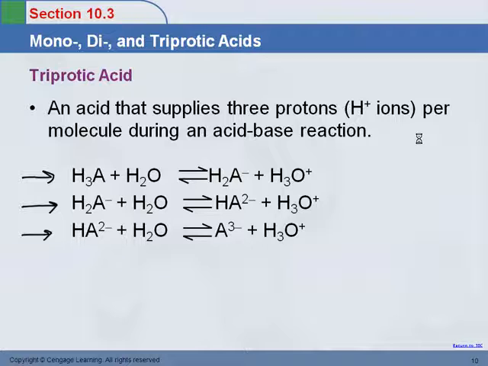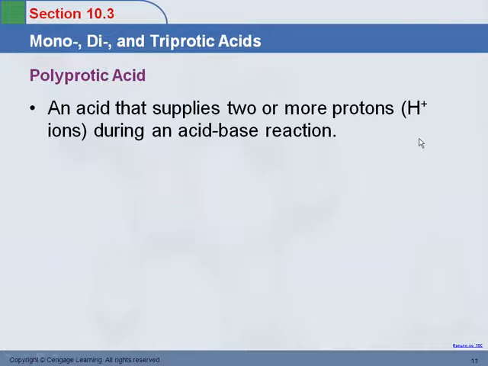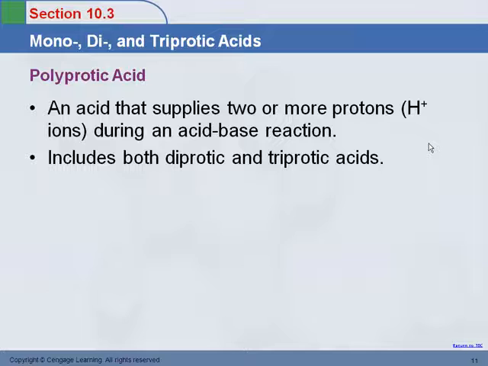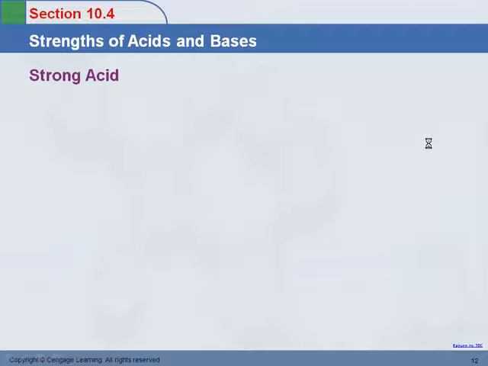So basically, I start out here with lots of protons, and I end up having stripped them all away. Polyprotic acid is just a more generic term saying that you have 2 or more protons, so it encompasses both diprotic and triprotic acids.